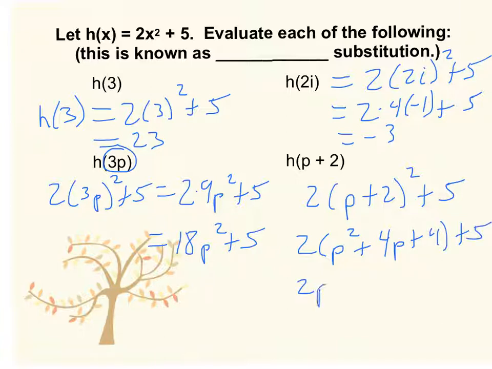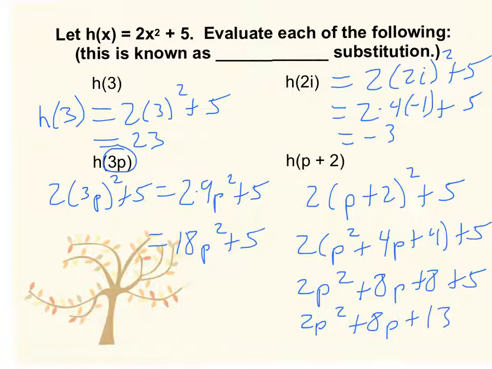When I distribute the 2, I'll get 2p squared plus 8p plus 8. Combining those like terms at the end for a fully simplified answer of 2p squared plus 8p plus 13. So that's just regular old substitution, otherwise known as evaluating a function.